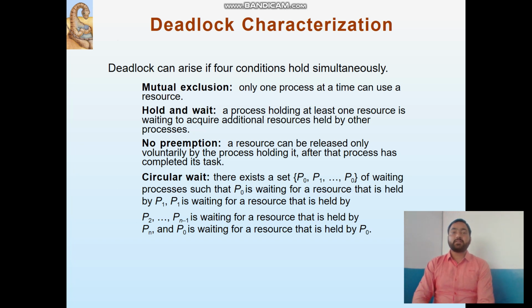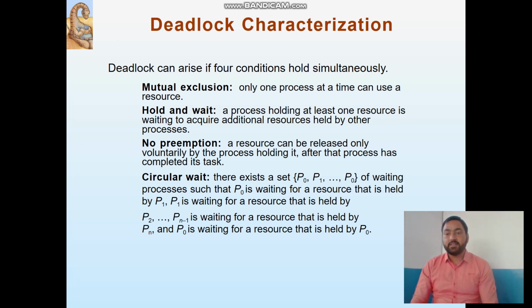Then we are discussing deadlock characterization, meaning what are the characteristics, what are the necessary conditions that lead to a deadlock situation in the system. These are basically four conditions which need to hold simultaneously for a deadlock to happen in the system. The first condition is mutual exclusion.